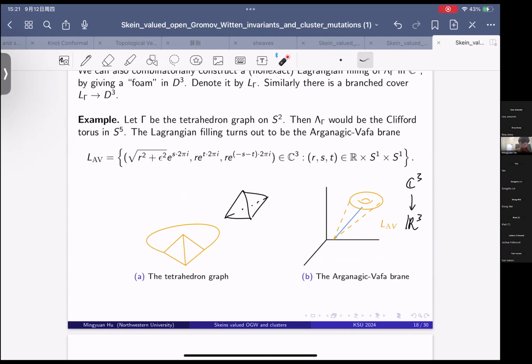Now, it's okay, tetrahedron. But what does it have to do with this Calabi-Yau, which corresponds to this curve which you wrote? That's the story of mirror symmetry.